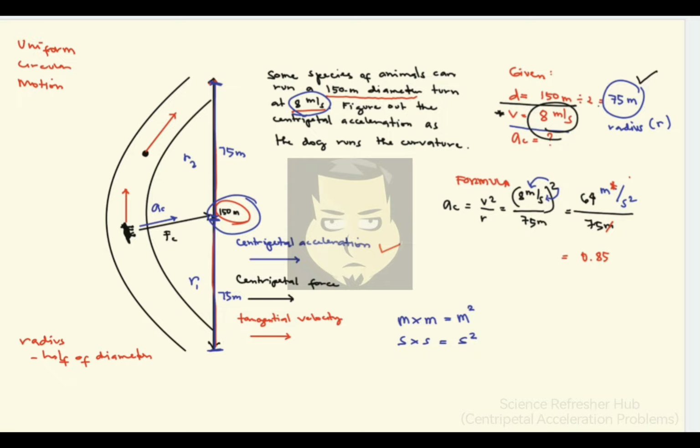The remaining unit is meter per second squared, because we canceled meter already. It makes sense. This will be our answer. This is the centripetal acceleration of this creature running at 8 meter per second within this curvature. Remember, meter per second squared is the unit of acceleration, and we're dealing with centripetal acceleration. So that's the answer for this problem.